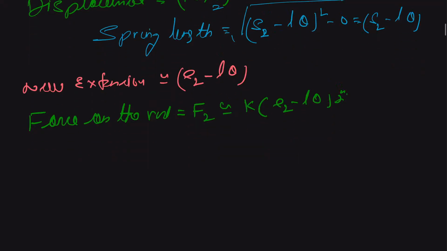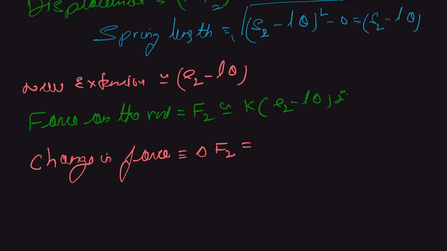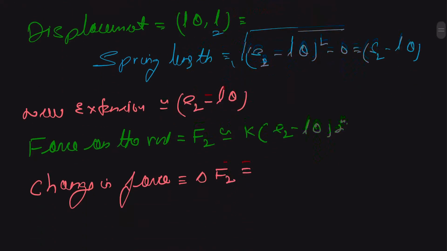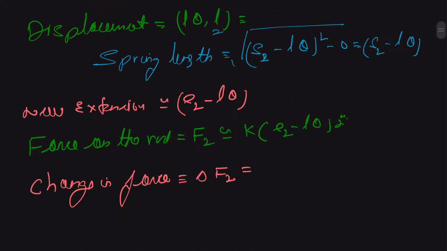Now we find out the change in the force, that is our delta F2, which will be equal to this F2 minus the original force, which is k E2 x unit vector. So this k E2 x unit vector is going to cancel out, and that is going to give us minus k L theta and x unit vector.